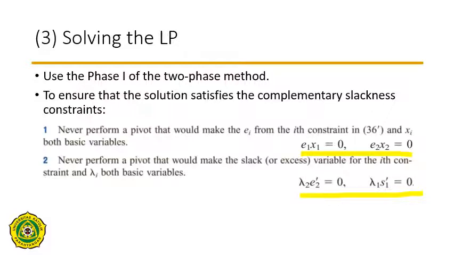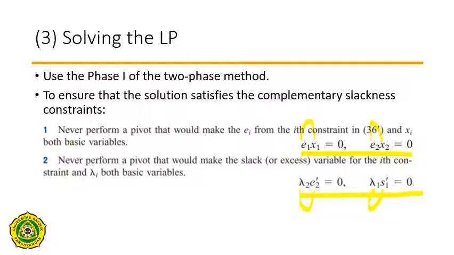The modification is that we would never perform a pivot that would make Ei from the ith constraint and Xi both basic variables. So E1 and X1 cannot both be basic variables. E2 and X2 cannot both be basic variables. Similarly, we cannot have lambda 2 and E2 prime, or lambda 1 and S1 prime, become basic variables.